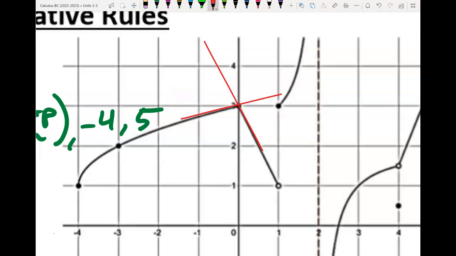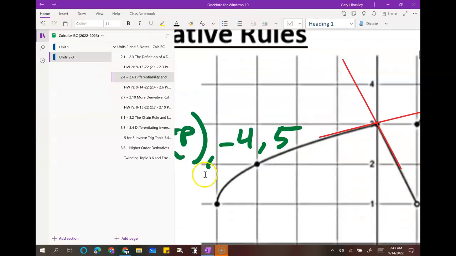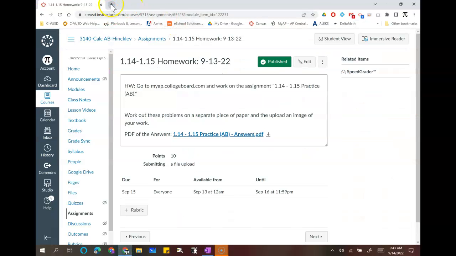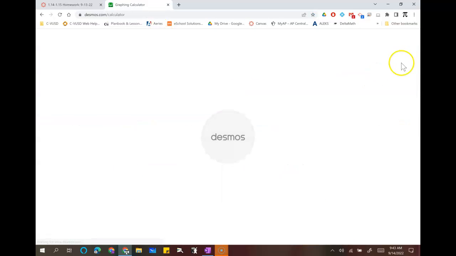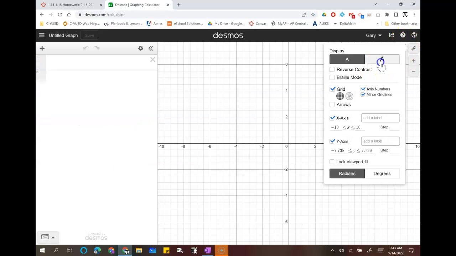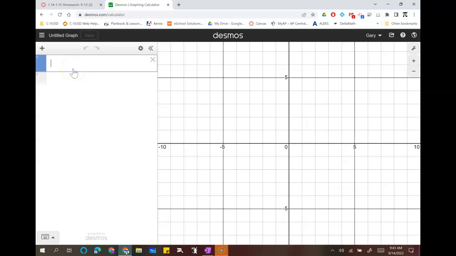Do you want to see one of those created? So if I was to go into Desmos, quadratics and linears are very easy. Okay, so if I was to do a quadratic, let's just say something very easy.